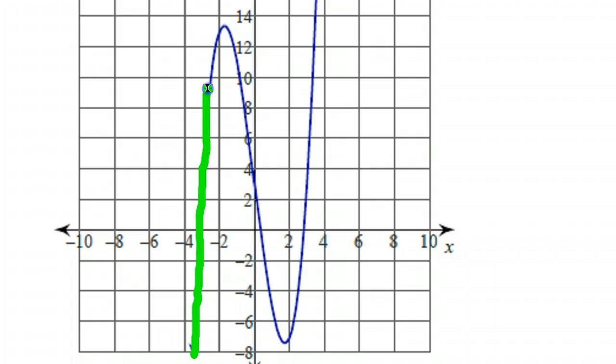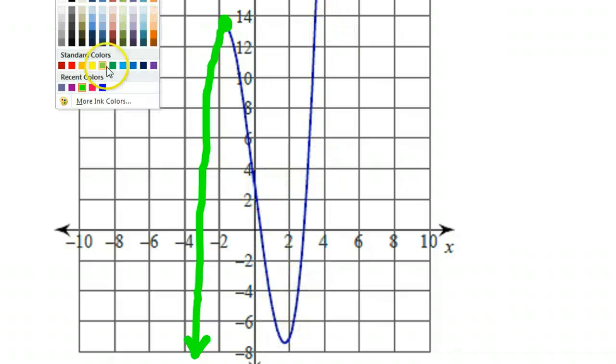So clearly this is an increasing part of the graph. And it ends right there. Now in this direction it goes forever, so ignore the fact that this is pointing down. As we go from left to right across the paper, we go up, down, up.